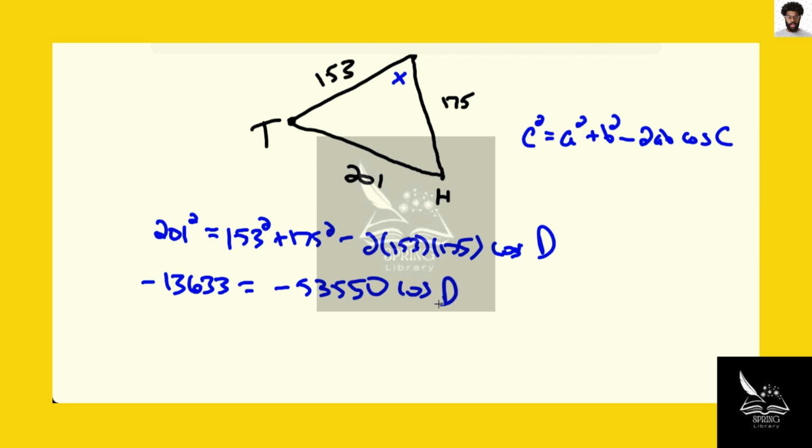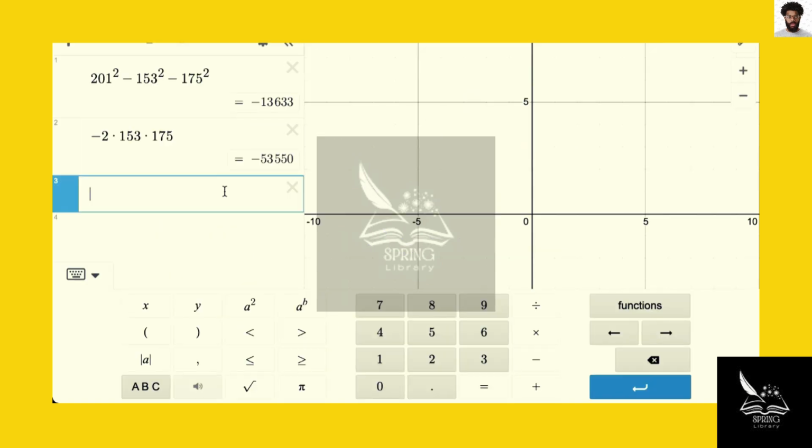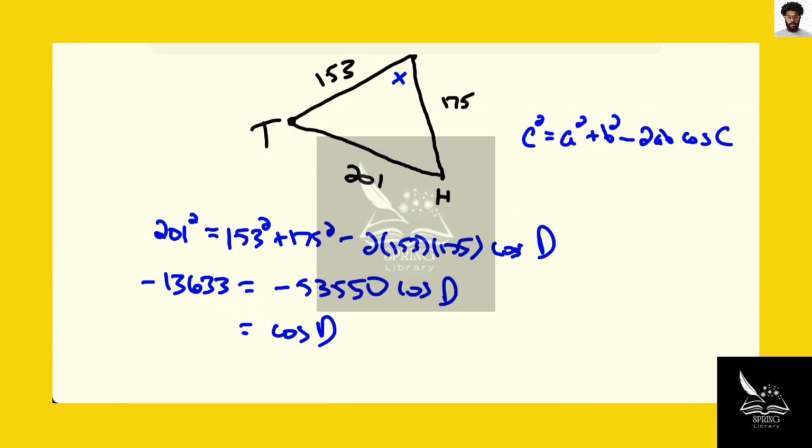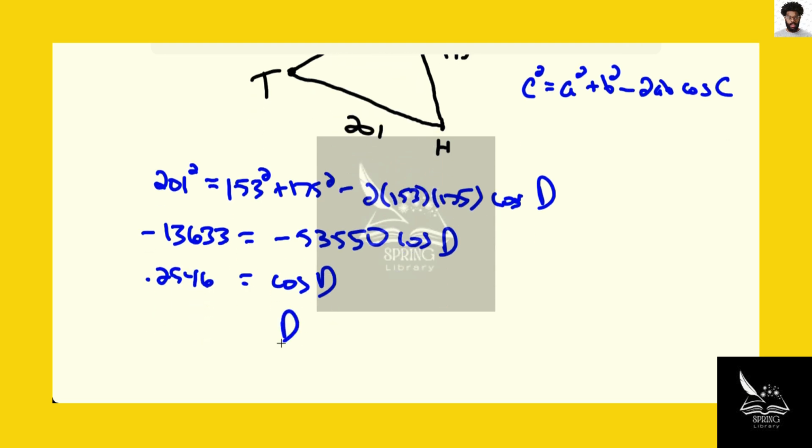Divide both sides by negative 53,550. And we have 0.2546 to 4 decimal places. But I want to find the inverse cosine of this angle.